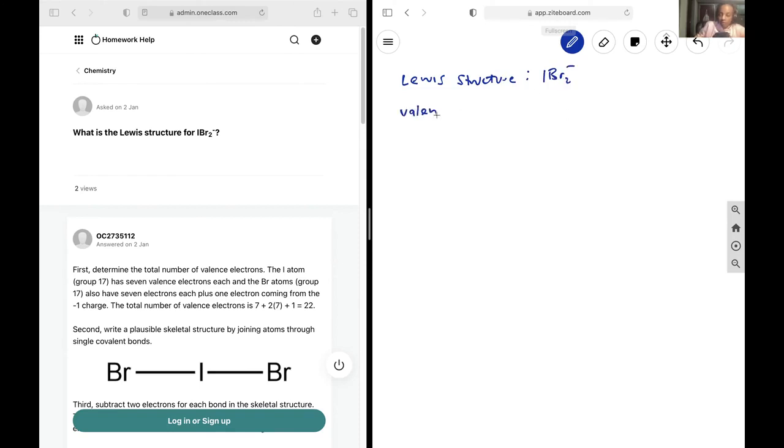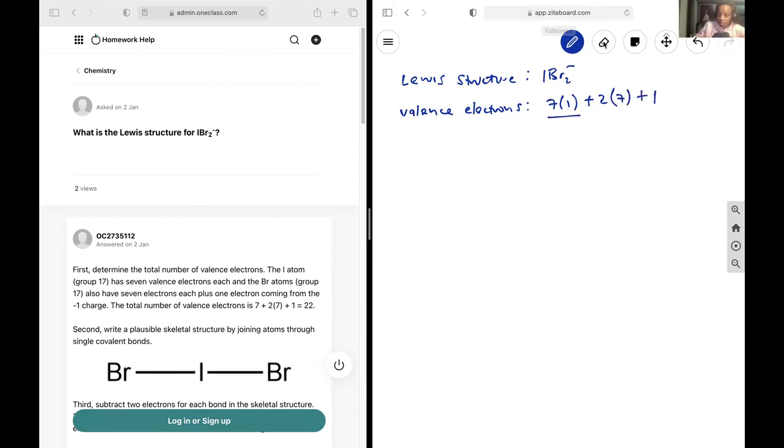So for our valence electrons, we will have 7 coming from the one iodine, plus 2 by 7 because it's 2 bromine, and then we're going to add 1.